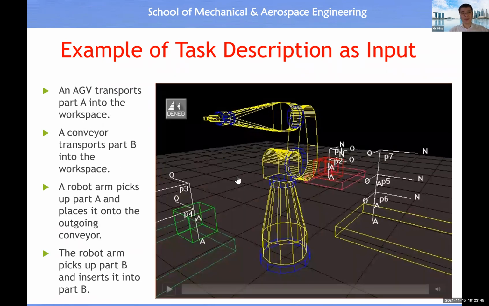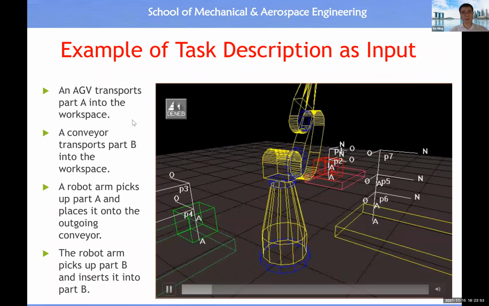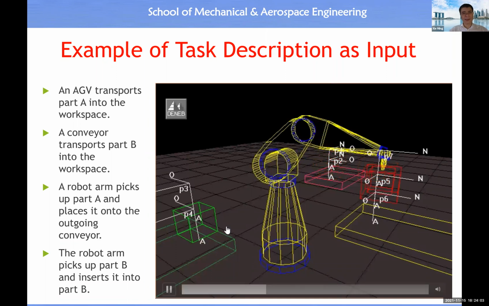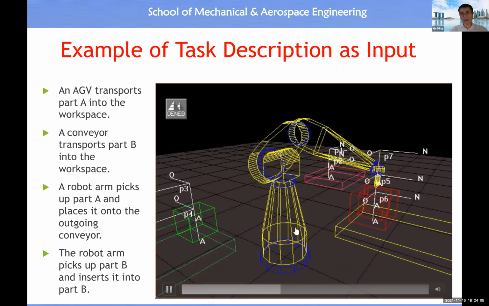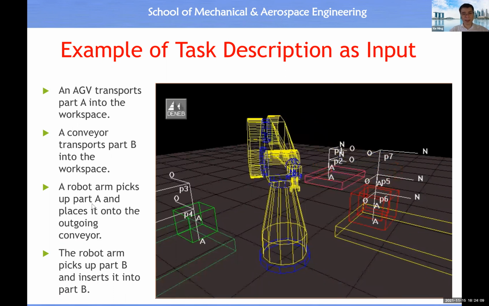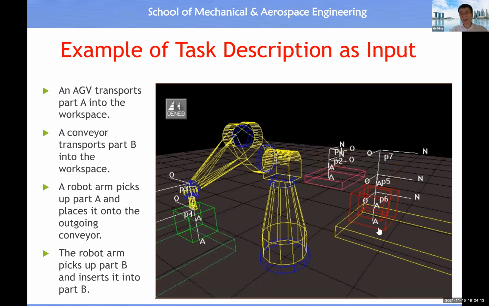And here is one more example. The task description will be as follows. You see an AGV transports part A into the workspace of this robotic arm. Then a conveyor will transport part B into the workspace of the robotic arm. Then the robot arm will pick up part A and place it onto the outgoing conveyor.